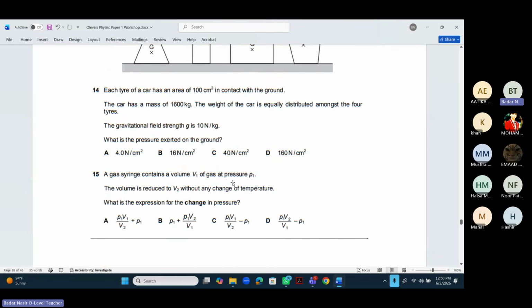Each tire of a car has an area of 100 in contact with the ground. The car has a mass of 1600 kg.